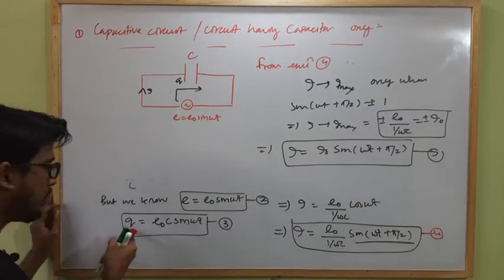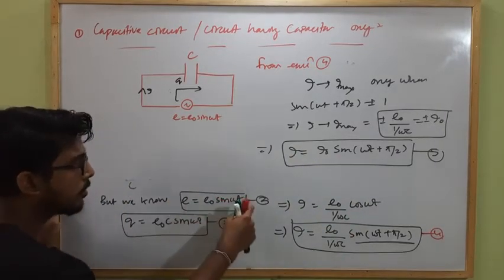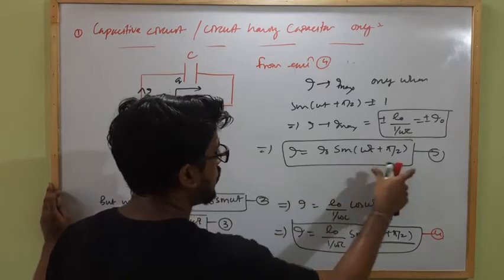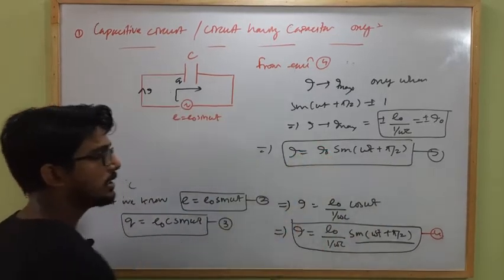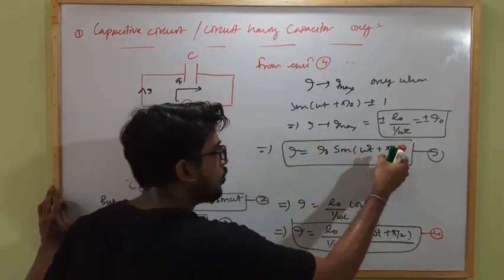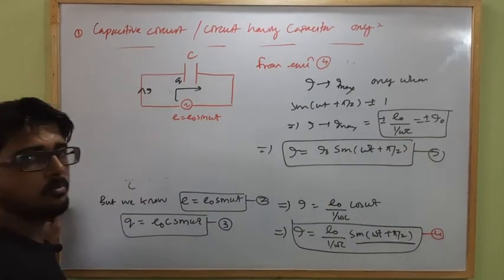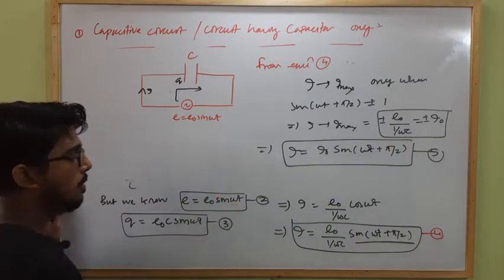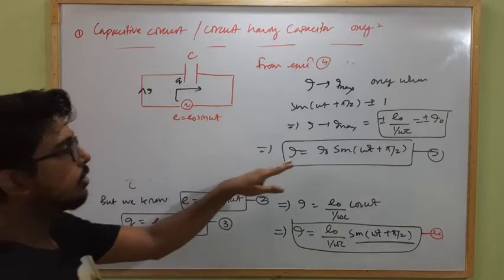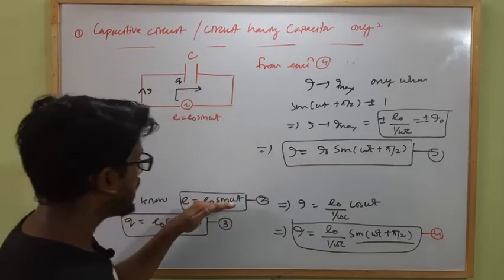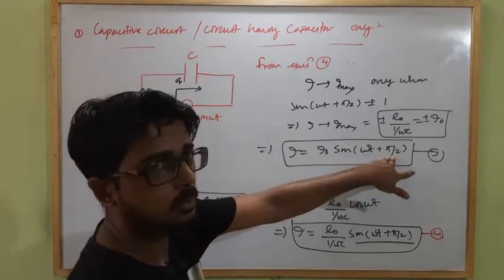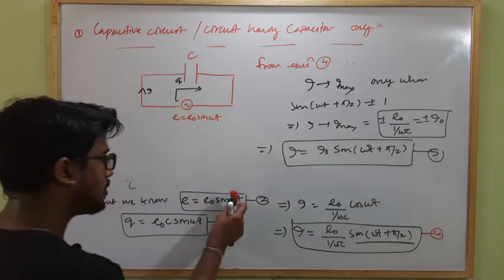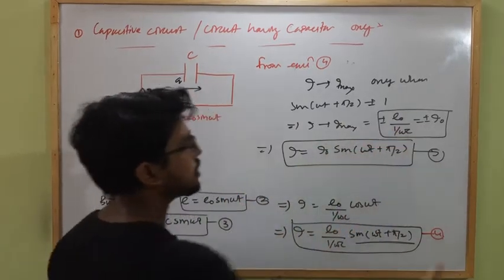This is the representation of the instantaneous value of the alternating current, and this is the expression for the instantaneous value of EMF. From equations 2 and 5, we get that the alternating current is pi by 2 ahead in comparison to the alternating EMF. That means the alternating current leads the alternating EMF by a phase of pi by 2. Clear? Because here the phase is omega t, and there the phase is omega t plus pi by 2.